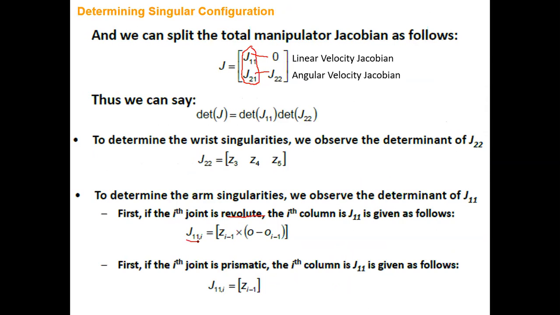What is J11? How many rows and how many columns do I have for J11? 3 rows, 3 columns. This is 3 by 3, this is 3 by 3, this is 3 by 3, this is 3 by 3.